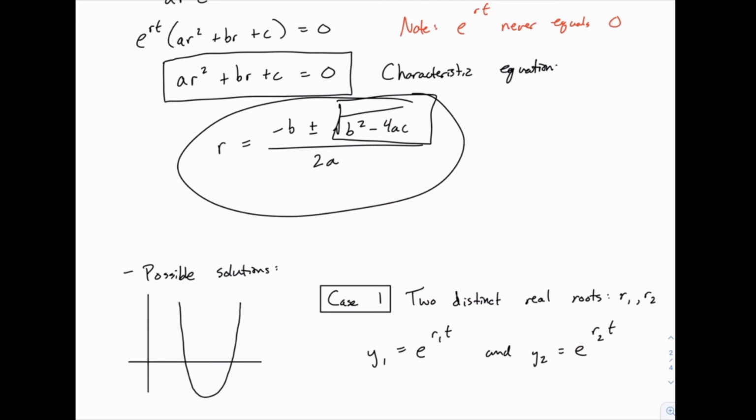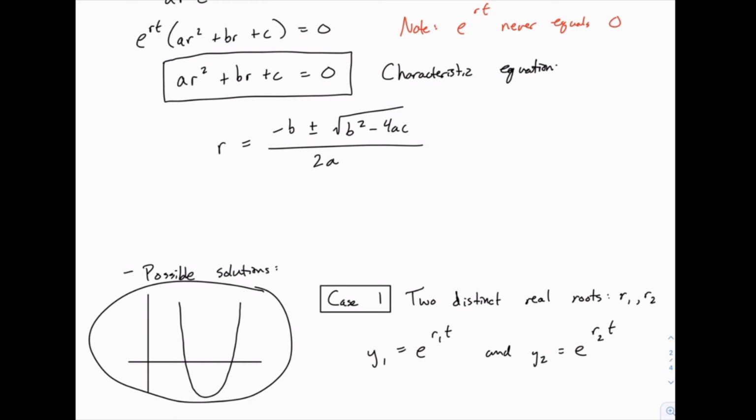If that square root is a positive number, then that means you're going to have something plus or minus, and that plus gives you one answer, the minus gives you the other, and everything's real numbers, and that corresponds to a parabola that intersects the x-axis twice. So that's, again, the most familiar form, and it's if the discriminant b squared minus 4ac is positive.